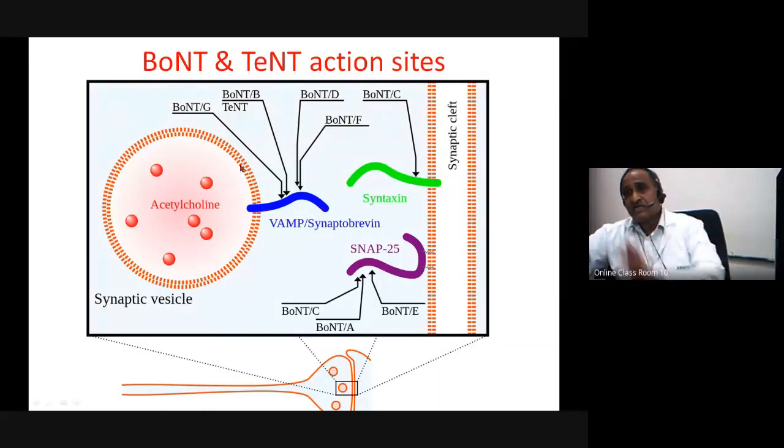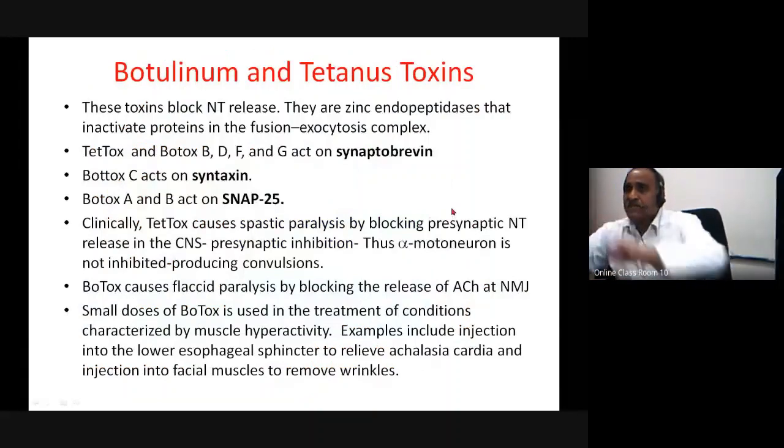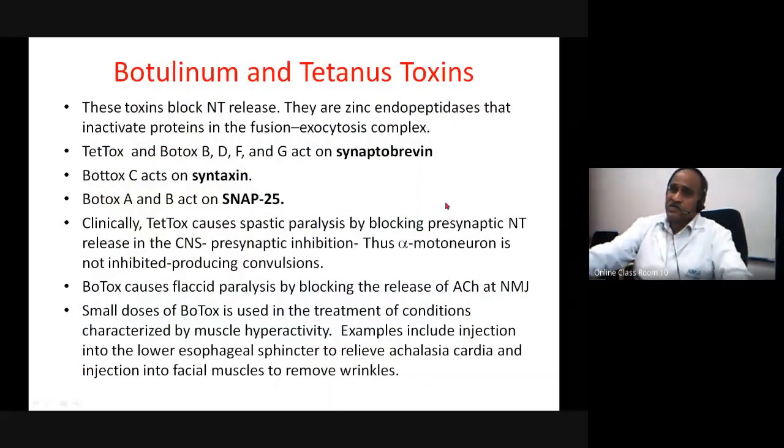And thus they prevent the release of the transmitter, whether it is a tetanus toxin or botulinum toxin: botulinum toxin at 3 different levels, tetanus toxin at only 1 level. That will prevent the release. So now I'm just trying to put that in words here. These toxins, especially the botulinum toxin and the tetanus toxin, prevent neurotransmitter release from the vesicles.